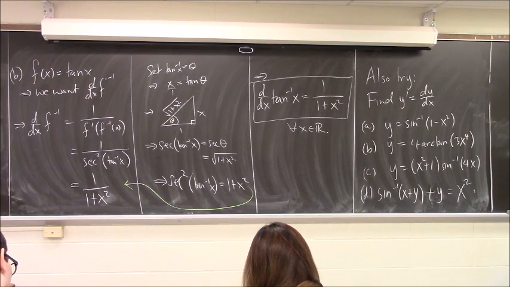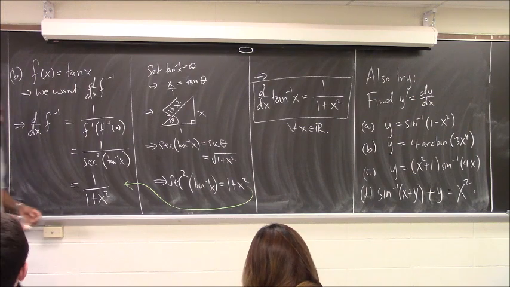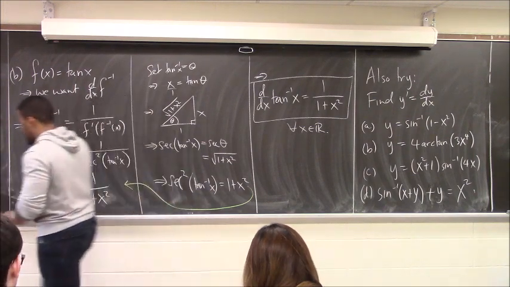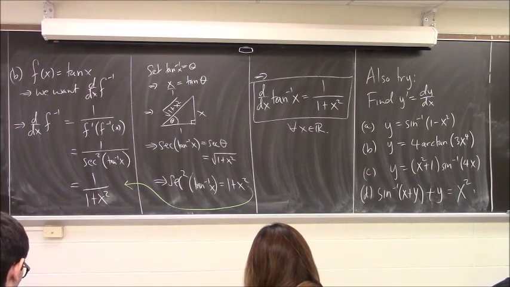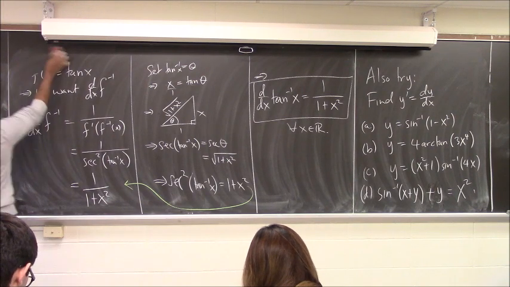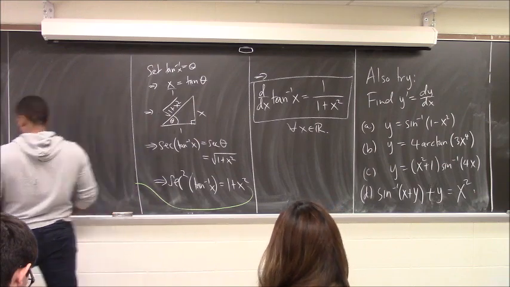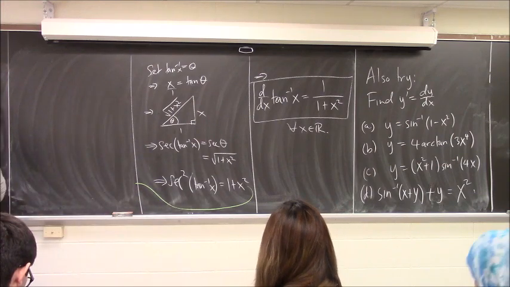I think we're not quite out of time. We have 2 minutes, but I'll just use those 2 minutes to hand back the test. One thing about the tests. Just write this down.